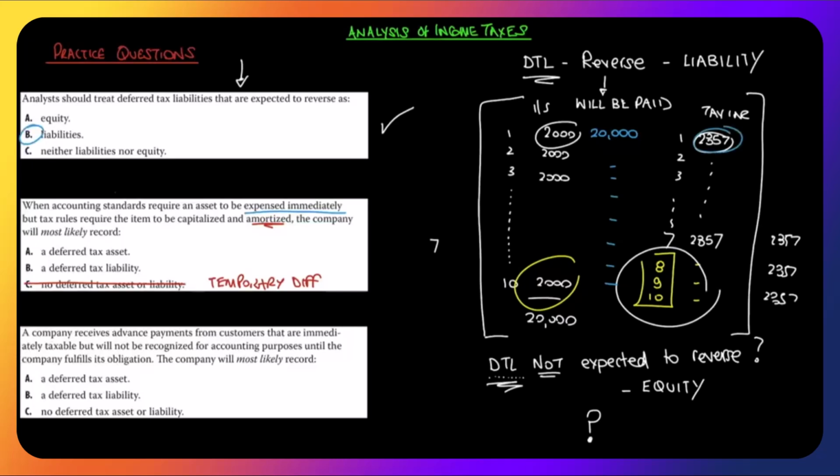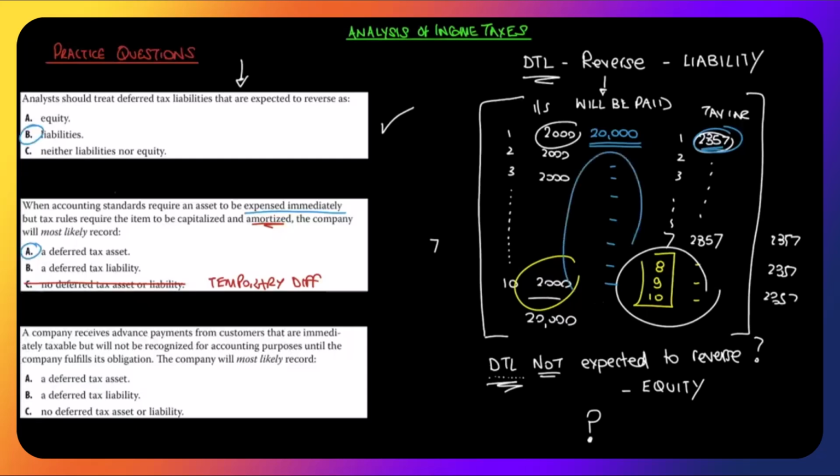Maybe they just charge $2,857. We've got the opposite situation here. In this case, the carrying value is lower than the tax base. That leads to a deferred tax asset. By my other logic, I have charged $20,000 against my profits this year, but tax authorities only gave me $2,857.